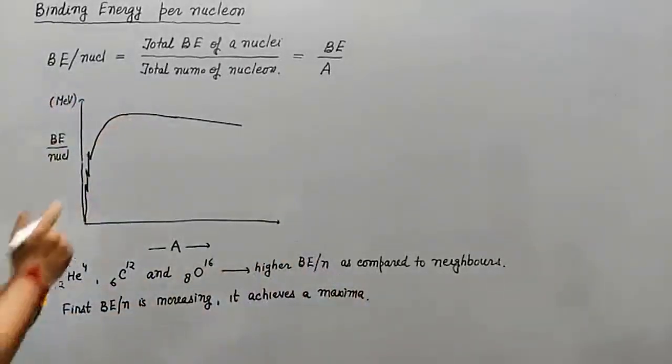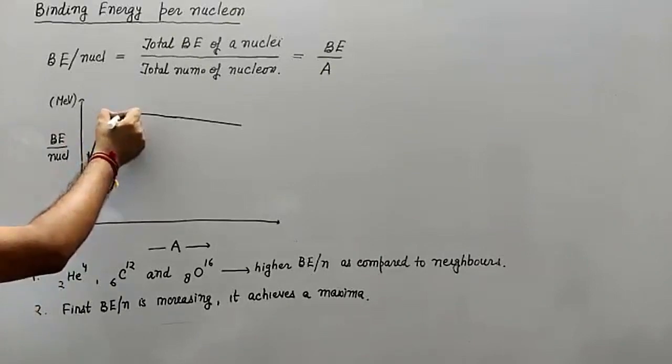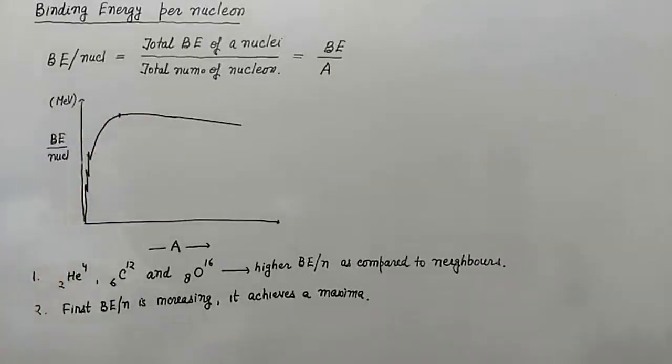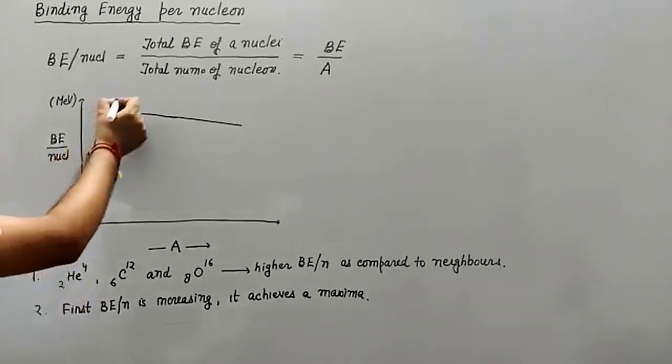At this maxima, for which nucleus is the binding energy maximum? This peak corresponds to Fe56.